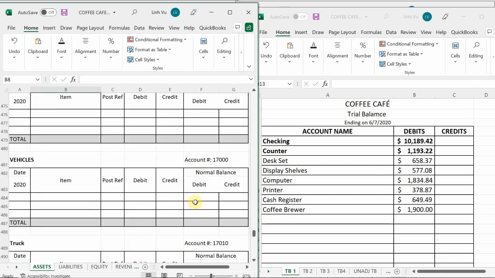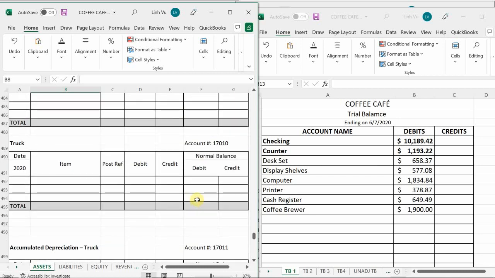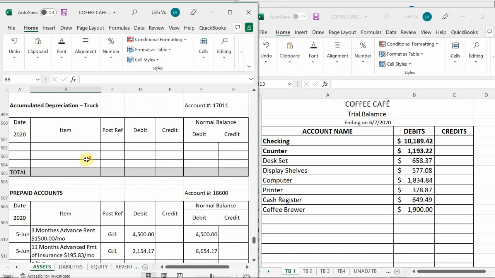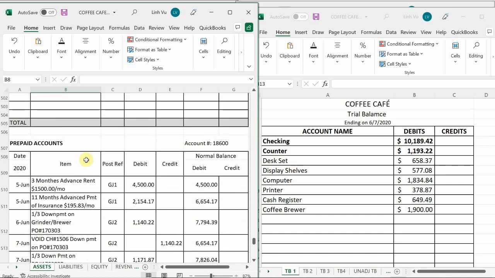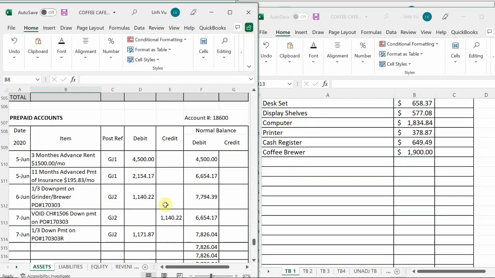So let's see what's next, vehicles. Okay. Did I buy a truck yet? No. Okay. No vehicle, no truck. So the next account I have here is prepaid accounts. In this case, a lot of activity in my prepaid accounts.